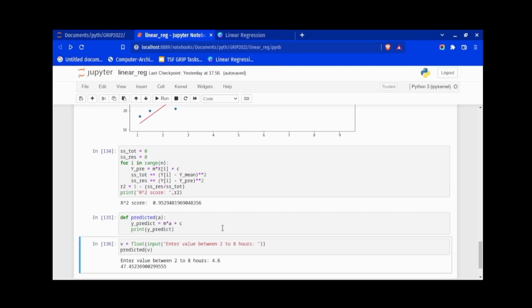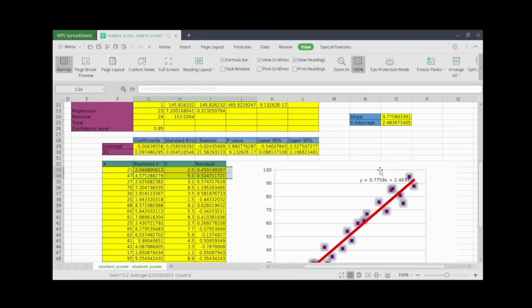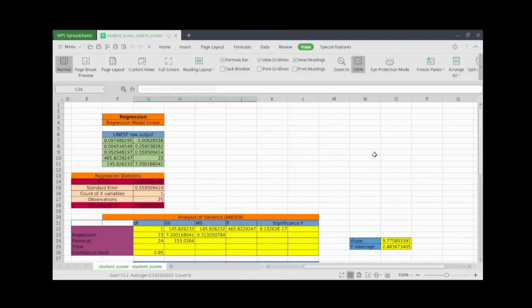Then I use R square as 1 minus SS residual by SS total to obtain the R square score, which is 0.95294. This can be obtained in Excel also, where R square is equal to 0.952948, shown here.